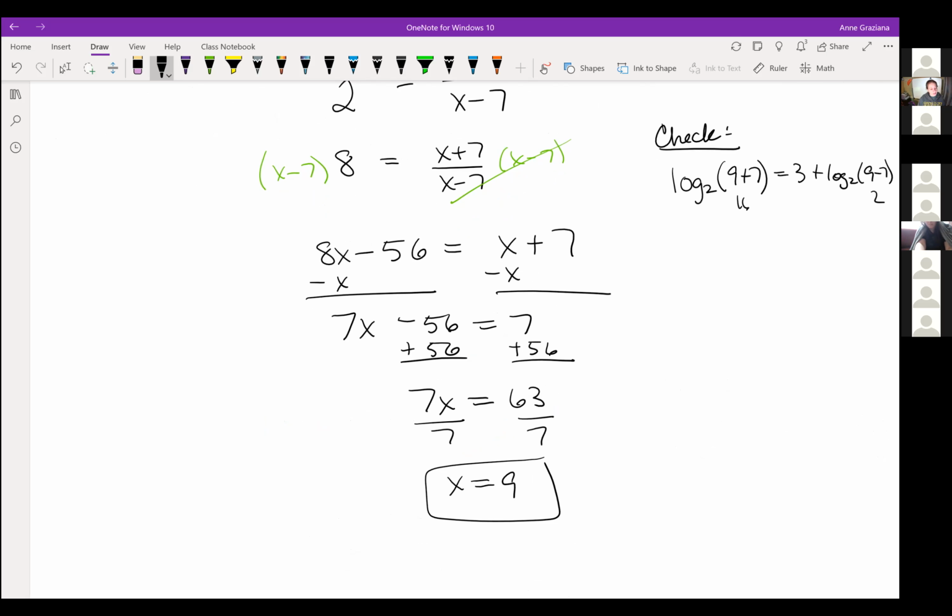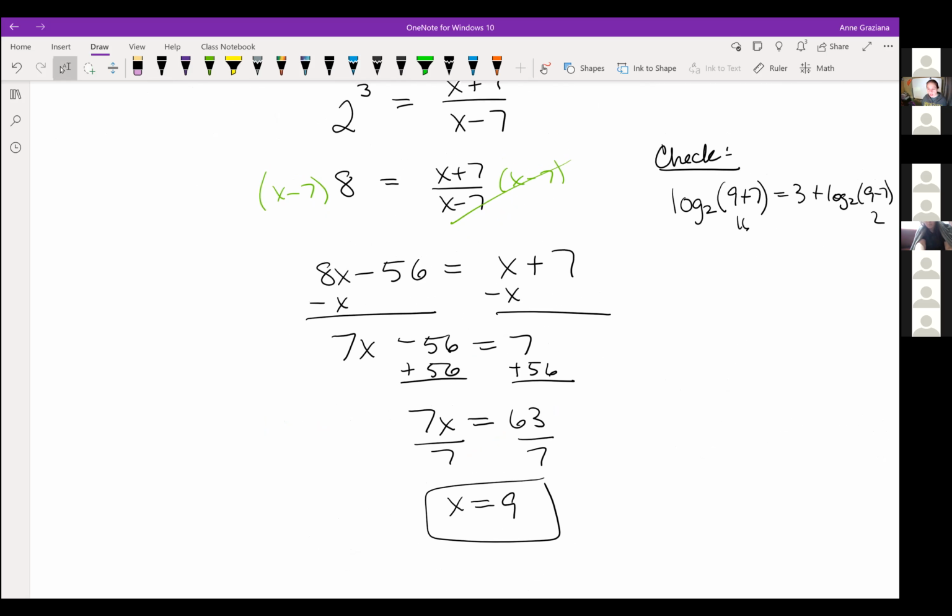When we check, do you want us to actually go through each step, or is it just enough to put it out like it is? You mean like all the way to the end? Yeah. You can. The most important thing is you're just really checking for the domain, that when you plug it in, it doesn't give you anything negative. That's what's most important, because this will work out.